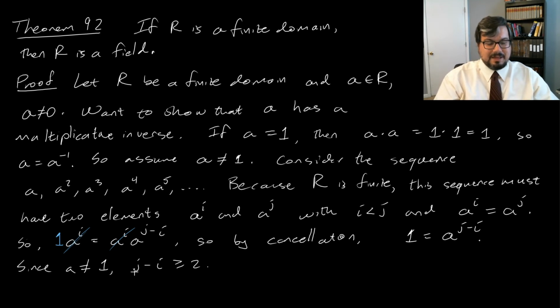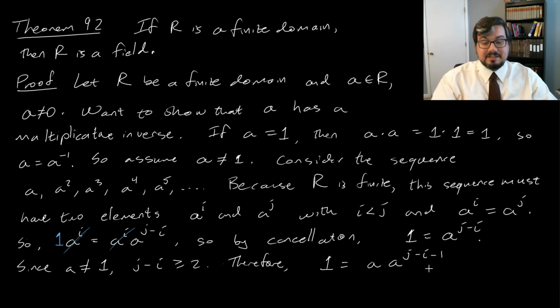So that means that j-i has to be greater than or equal to 2, and therefore we can write that the multiplicative identity 1 is equal to a times a^(j-i-1). And this still makes sense because since j-i is at least 2, j-i-1 is still at least 1. But look at what we've done now.